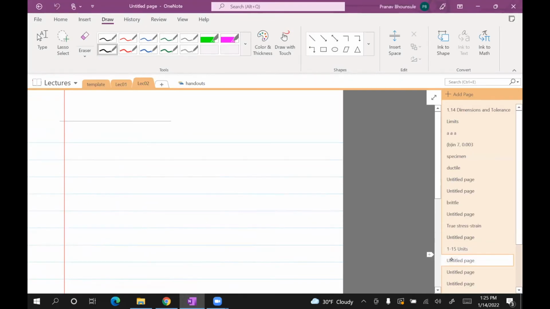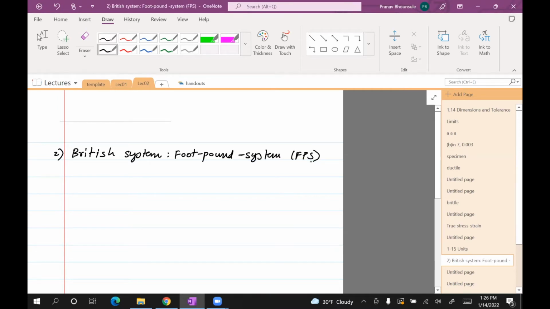The one which is very popular in the US is the British system, the foot-pound system, also known as FPS. In this case, our base units are force, length, and time.